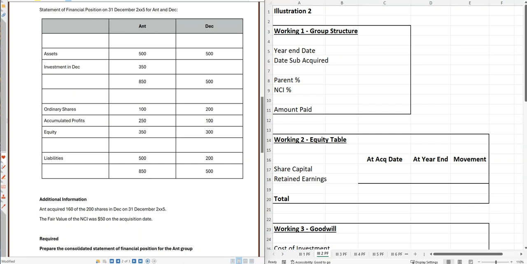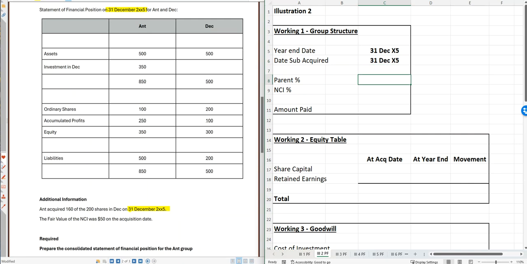Okay, hopefully you've had a go. So let's pick out the dates first. Year end, 31st of December X5. We acquired them on the same date. So that's going to make things a bit simpler. So 31st of December X5 and 31st of December X5. That means the year end date is the date of acquisition.